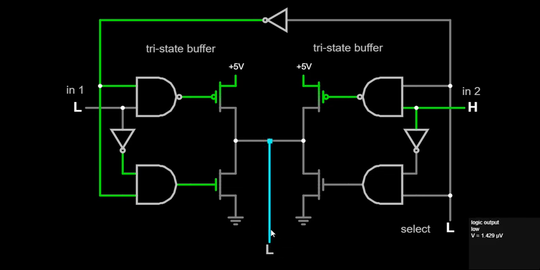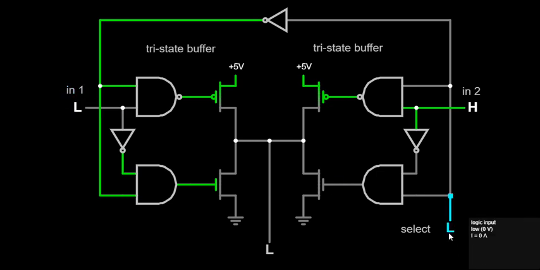There will be no effect of input 2 at the output because it is not selected. Only input 1 is selected. So now we change input 2, and you can see there is no change at the output. The output only changes according to input 1 because input 1 is selected.